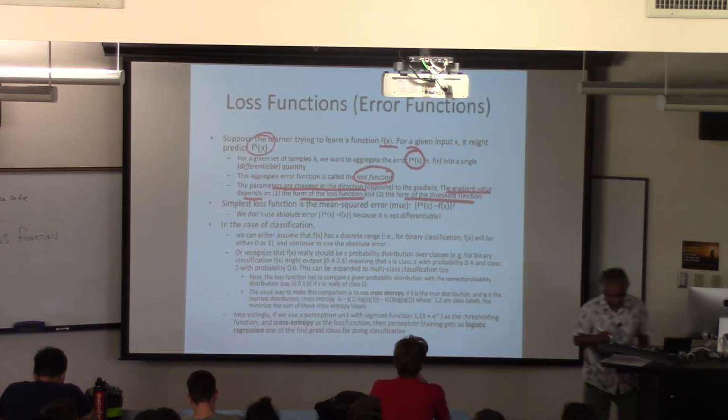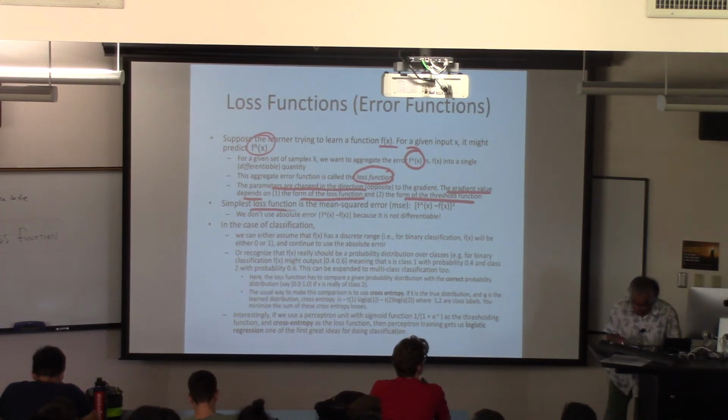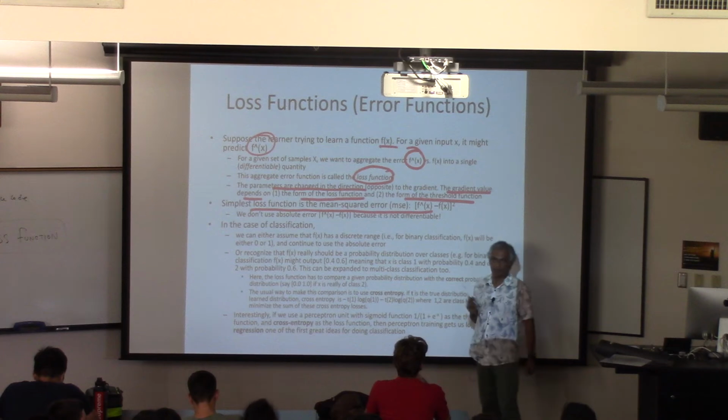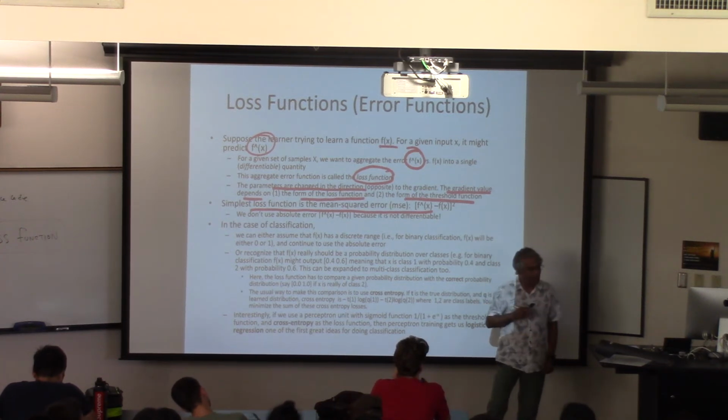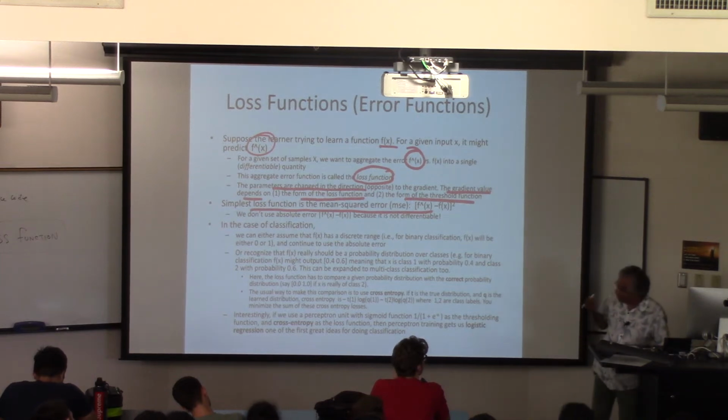So coming back to this, the simplest loss function that we looked at is f hat minus f squared. That's the square loss function. But there are many other loss functions.